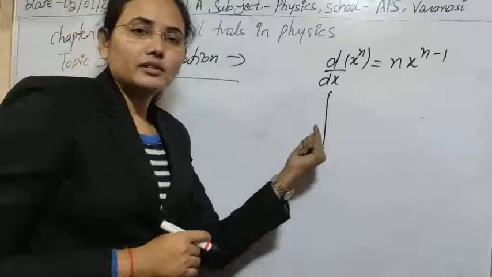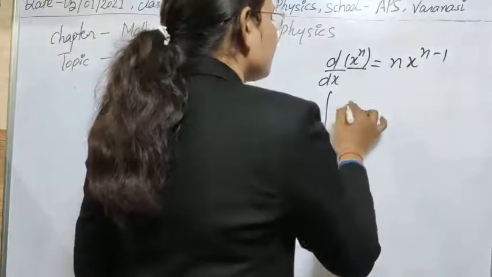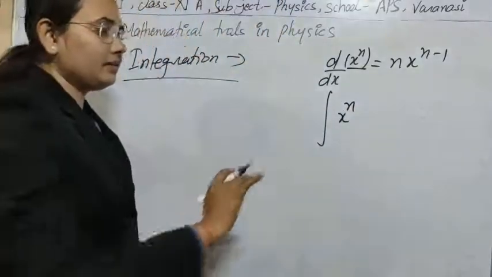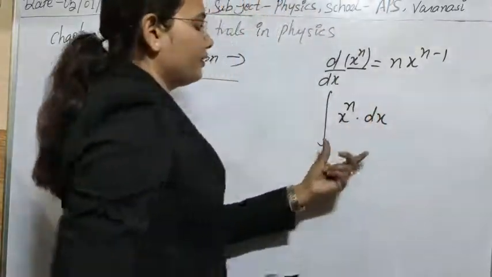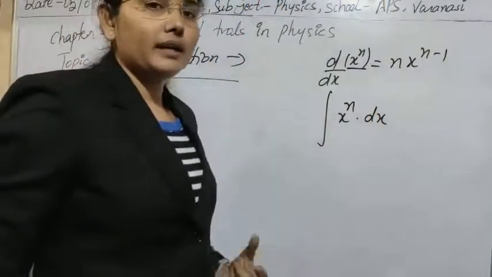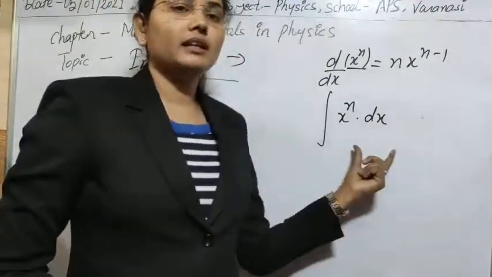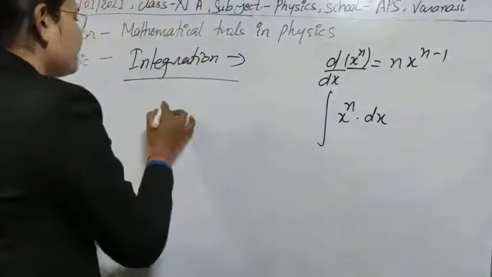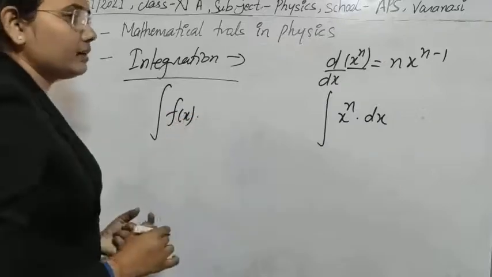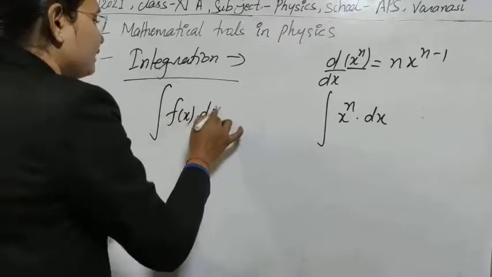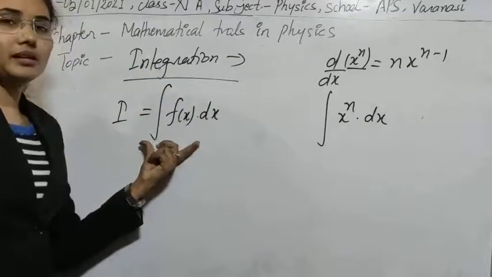If you have to integrate any function, you integrate it with respect to some variable, here x. So for any function f(x) that you have to integrate with respect to x, the integration is written in this way. This is the way to represent integration here.